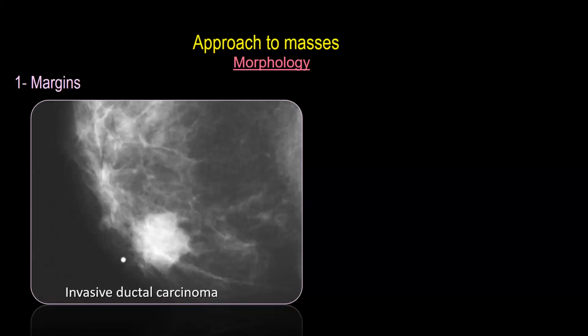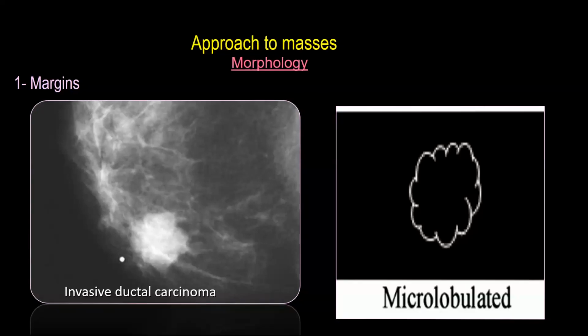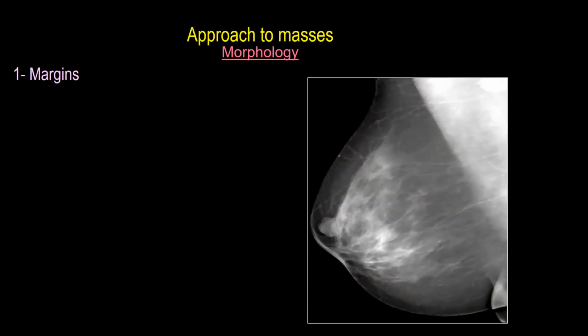Okay, that was invasive ductal carcinoma, and it is microlobulated. That is my case. This example is mine. Indistinct margin.